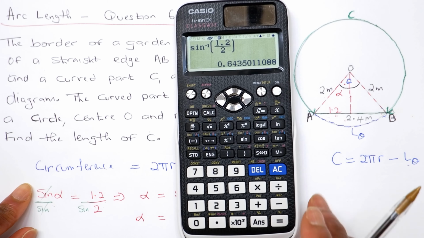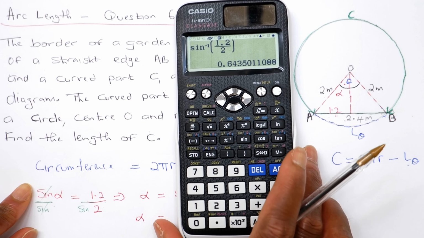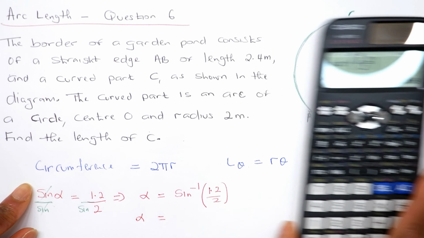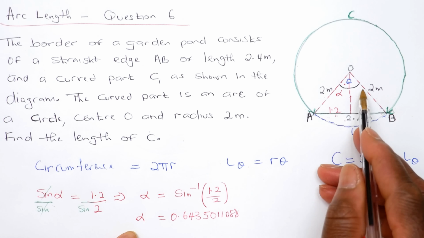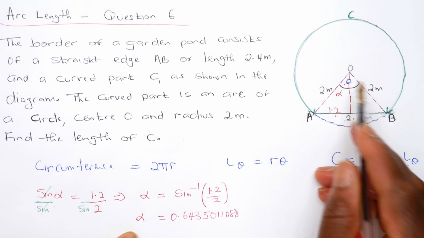We get 0.64, so I'm going to write that down: 0.6435011088.